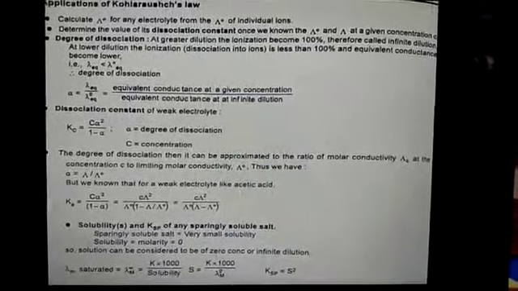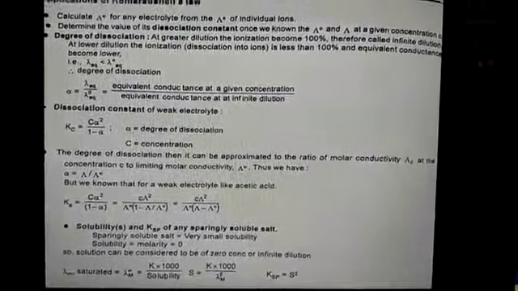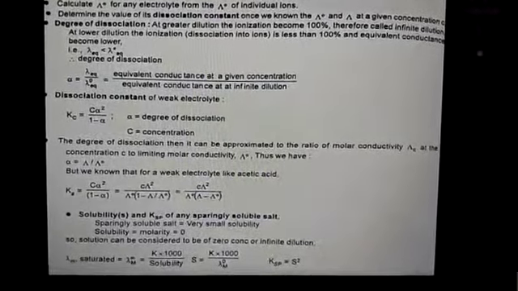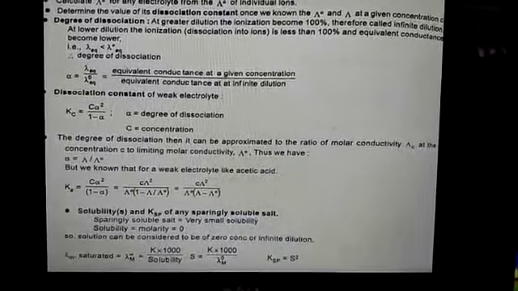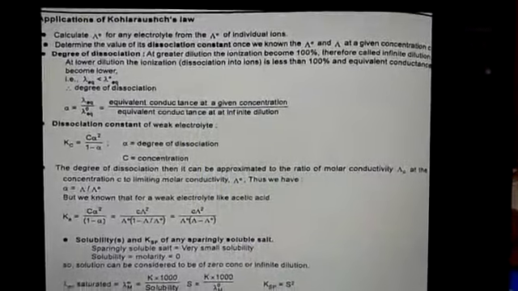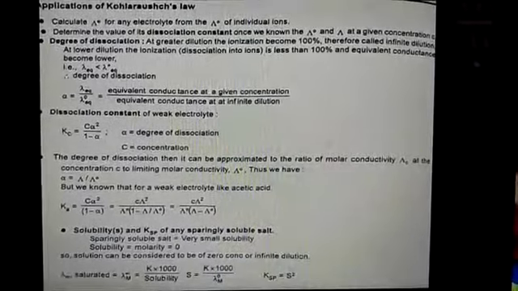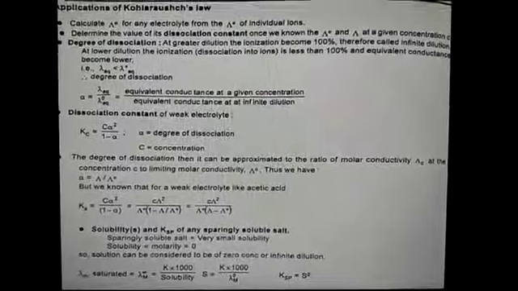In a similar way, we are able to calculate the solubility of a sparingly soluble salt. A sparingly soluble salt has very small solubility. Their solubility is very low, and the molarity is approximately 0. So the solution can be considered to be of zero concentration or infinite dilution.